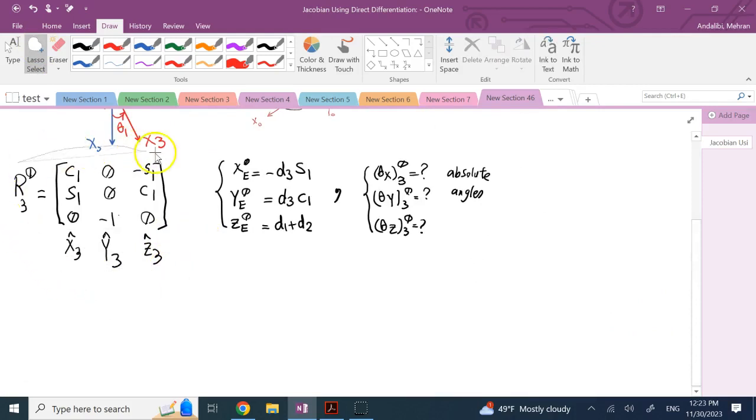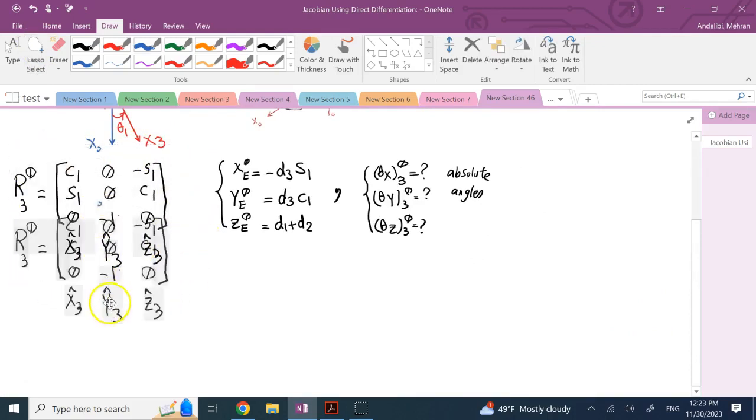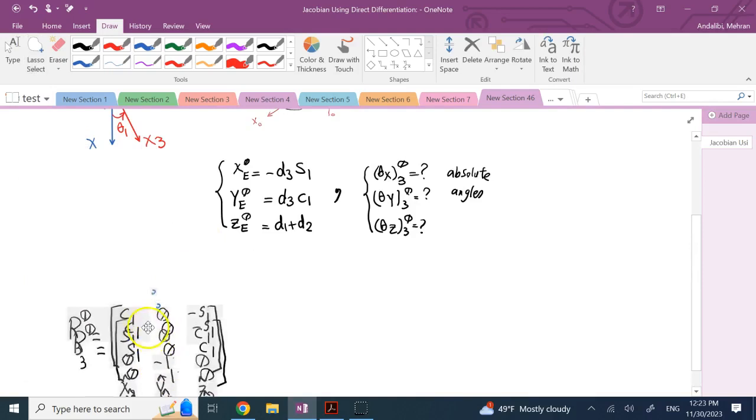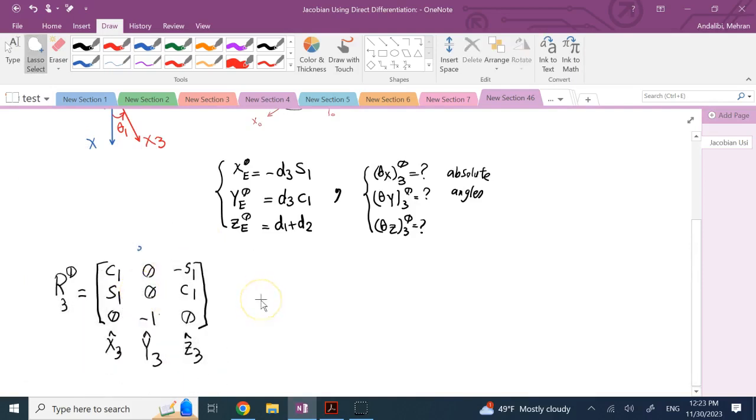So here, this matrix is equivalent to 3 consecutive rotations. First one is by theta x about x naught, then theta y about y naught, and then theta z about z naught. And since they are absolute angles, the order will be opposite of the current axis case. It's going to be post multiplication.